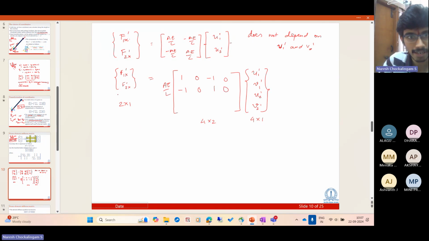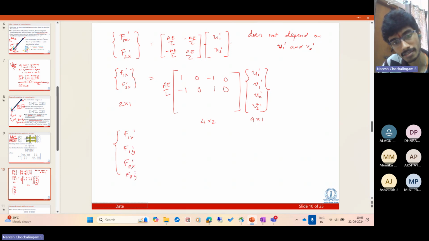Now let's also make the left hand side a full vector of f1 x dash, f1 y dash, f2 x dash, and f2 y dash. These two are basically 0, but in general they are unknowns. So how do I get zeros? Make the entire row 0, so 0 multiplied by whatever thing will become 0.